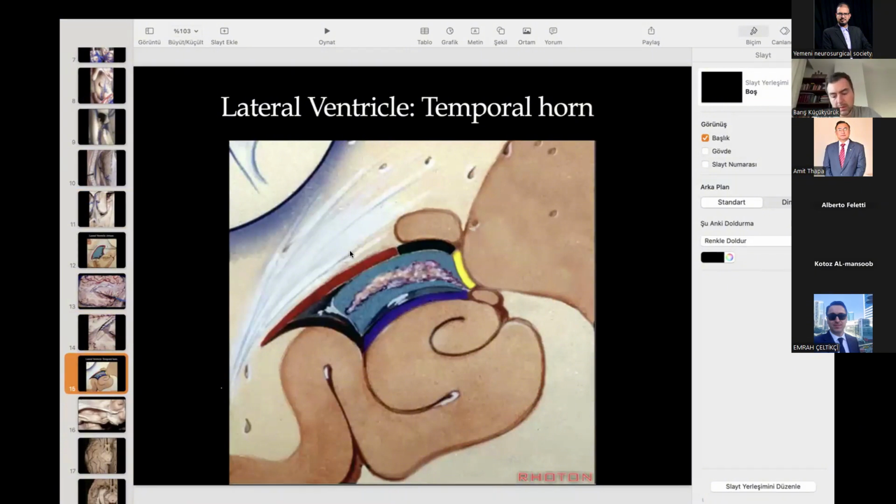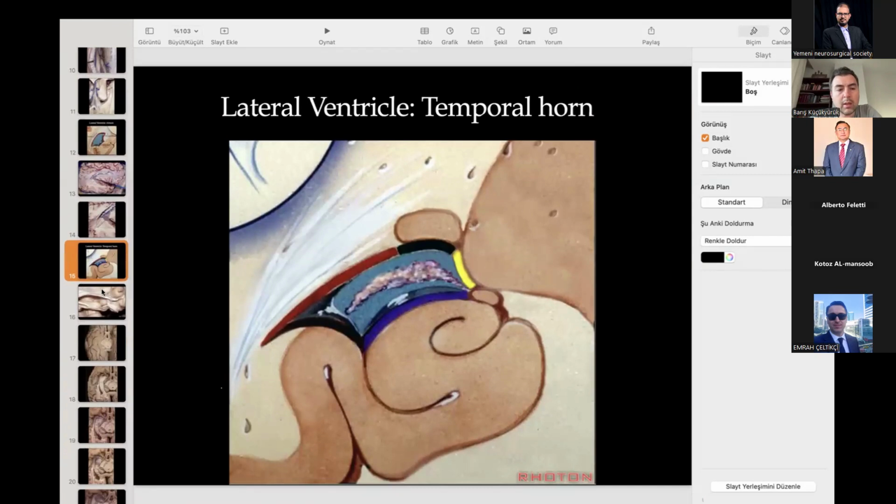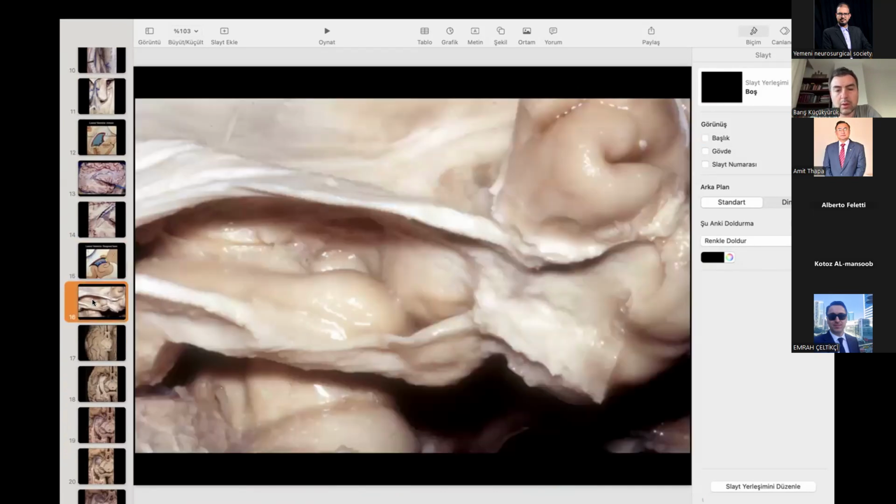Maybe we are a little bit more used to the temporal horn during temporal lobe surgery. Basically, in many cases, we open it and go into that and find the hippocampus. So we will be speaking on this anatomy in more detail.